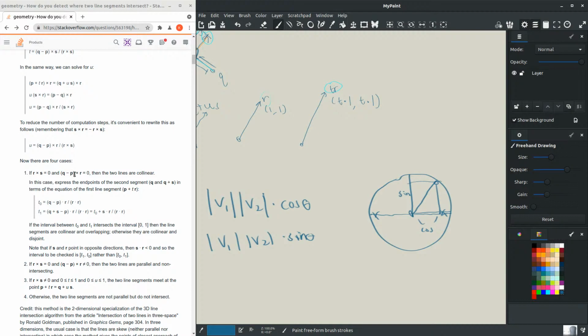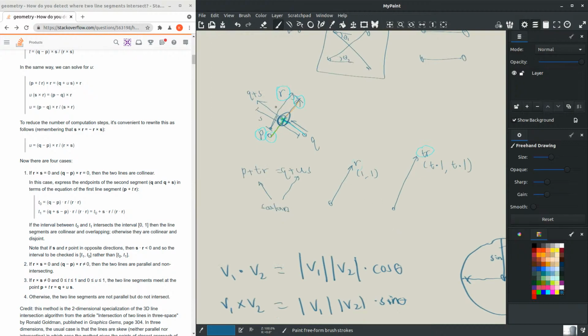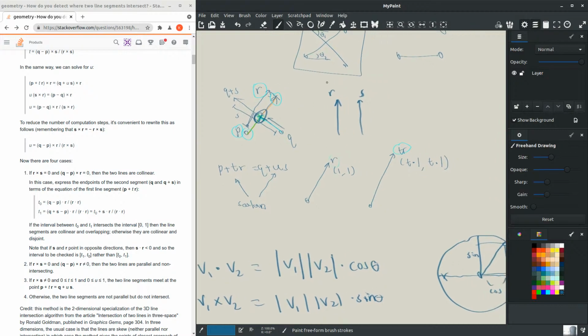Now, q minus p, so r cross s, so we're checking to see if r and s are facing the same direction, right? If the angle between them is 0. And then we're also checking to see if q and p, cross product of that is 0. And that also gives us, so that's actually from the origin point, we're saying, okay, q and p, and we're looking at this angle here.